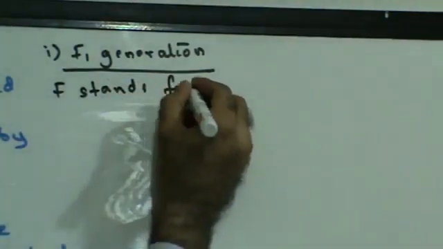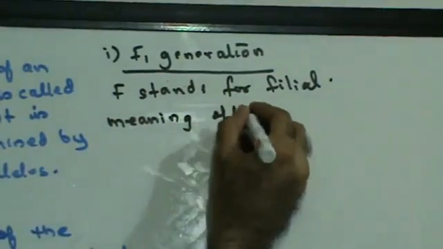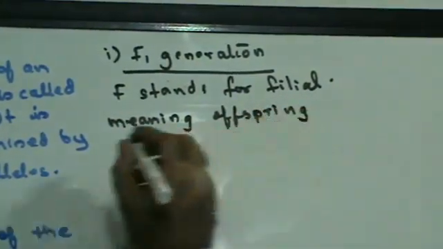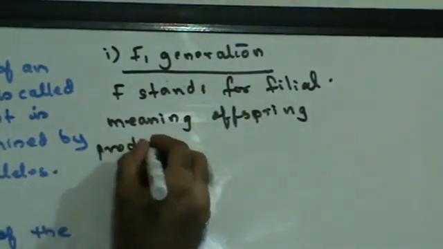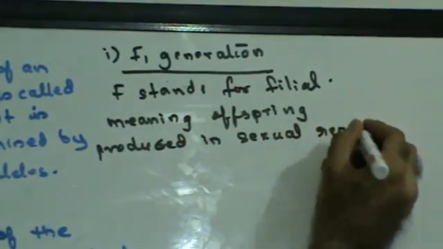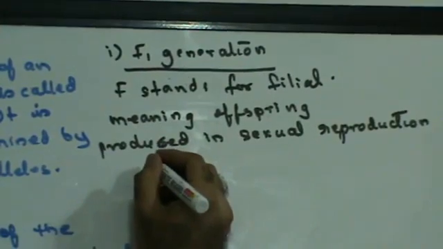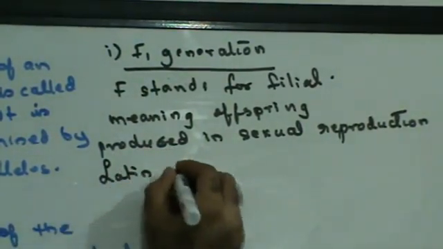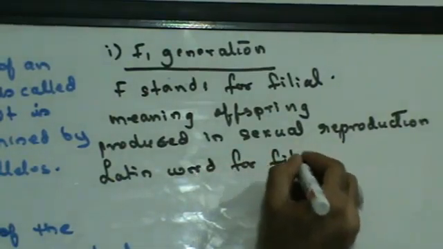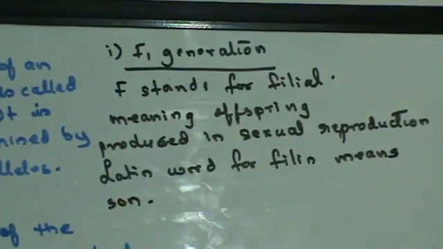I can say that F stands for filial, meaning offspring produced in sexual reproduction. Latin word for son. That's F1.